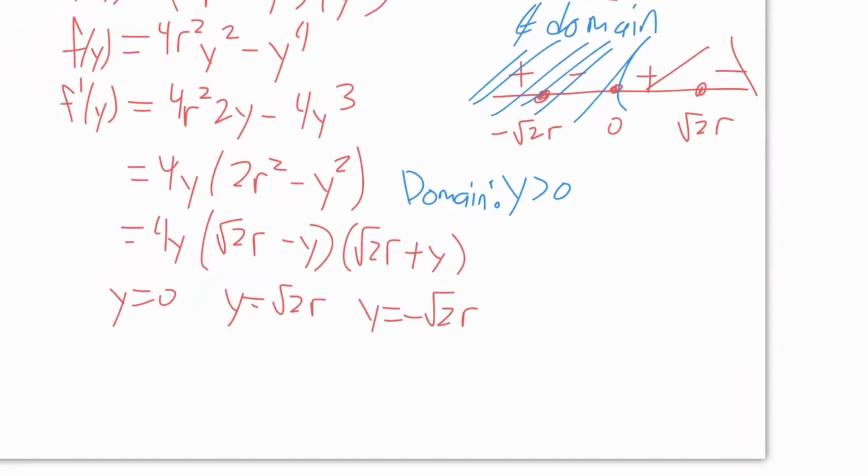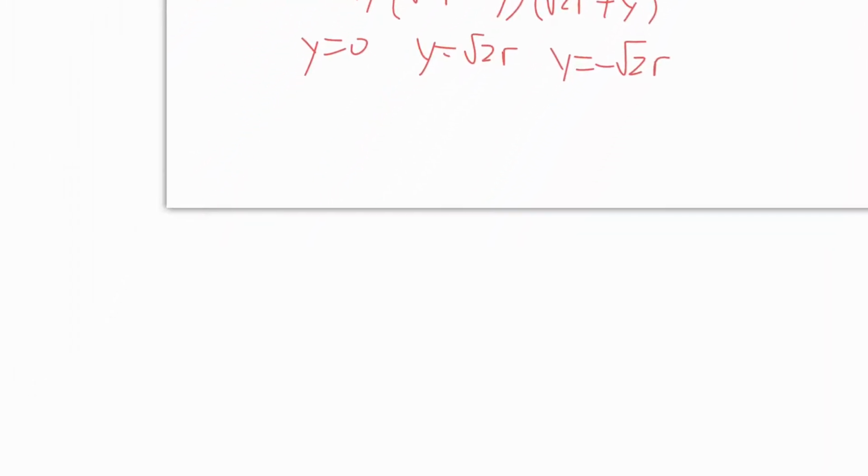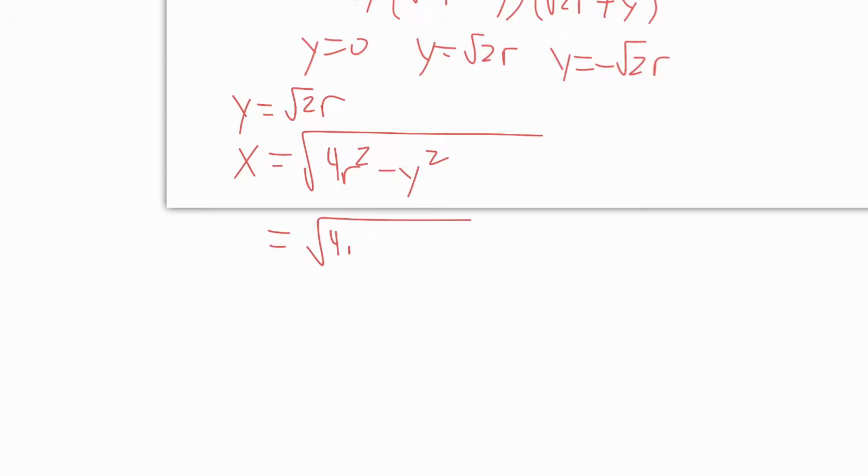So we're going to go ahead and use that to solve for x. So if y is equal to root 2r, then x is equal to the square root of 4r squared minus y squared, which would be equal to the square root of 4r squared minus, well, let's just see here, y squared would be root 2 squared times r squared, which gives me 2r squared.